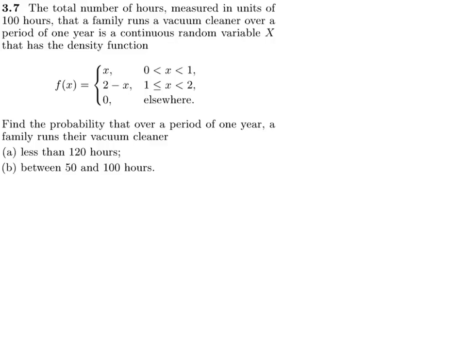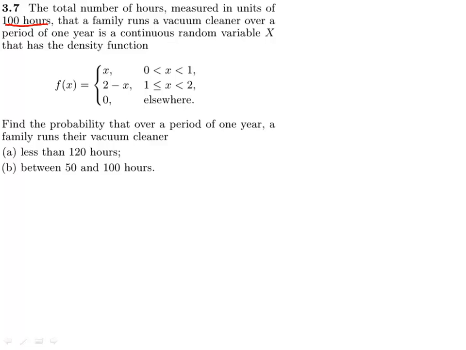That means that to find the probability based on this PDF, you need to integrate. The question is the probability of less than 120 hours. The problem also says this is in units of 100 hours, which means that 120 hours is 1.2.